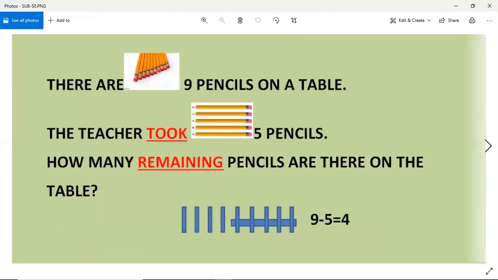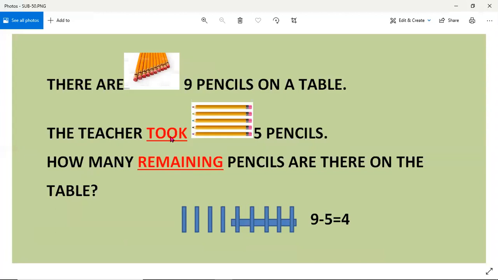Similarly, there are 9 pencils on a table. The teacher took 5 pencils. 9 pencils थी टेबल में और अभी टीचर ने कितनी ले ली? 5 pencils उनमें से ले ली. She took 5 pencils. How many remaining pencils are there on the table? So your signal words are took, ले ली, remaining, बची हुई.